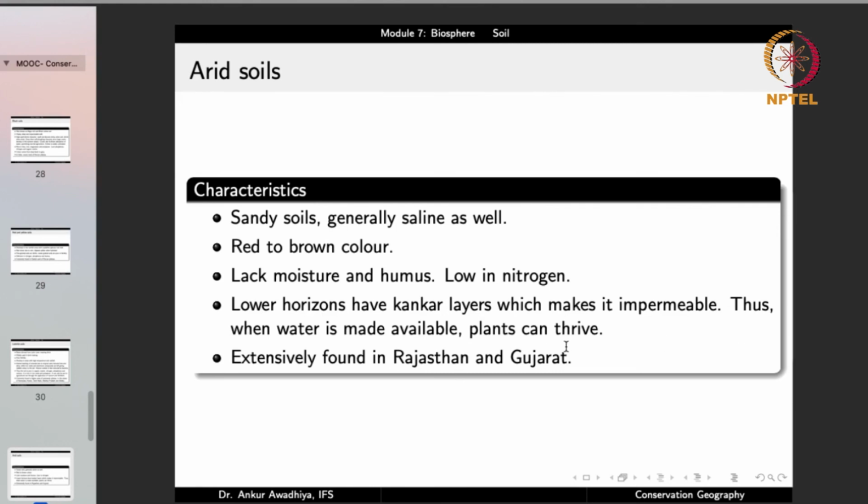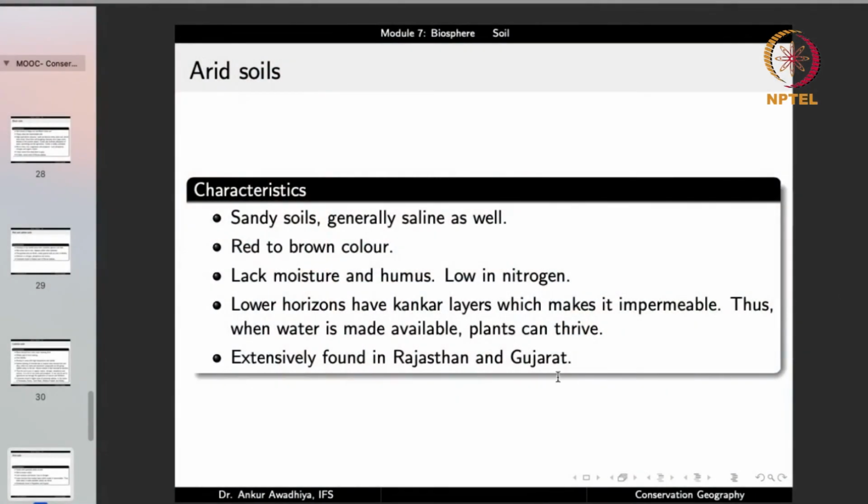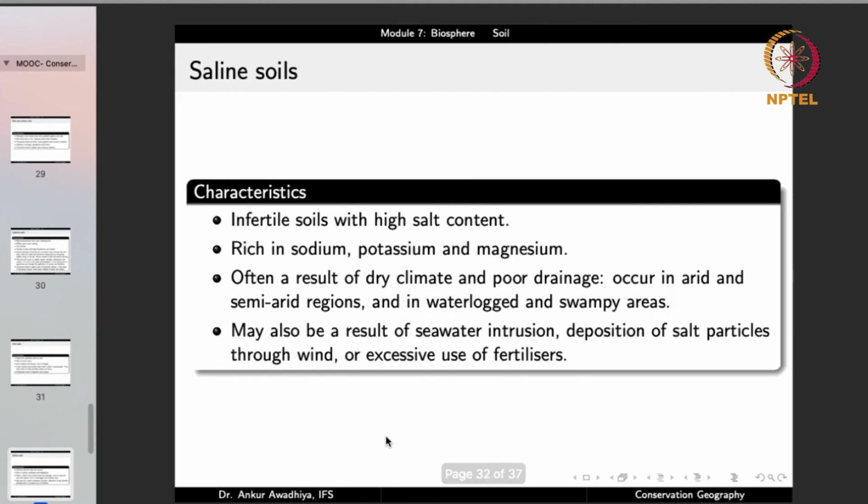So when water is made available, plants can thrive because of this layer of kankar nodules. But if these soils are heavily plowed and this kankar layer is broken, then all the water will be very quickly drained off and you cannot perform any agriculture here. In India, they are found in Rajasthan and Gujarat.